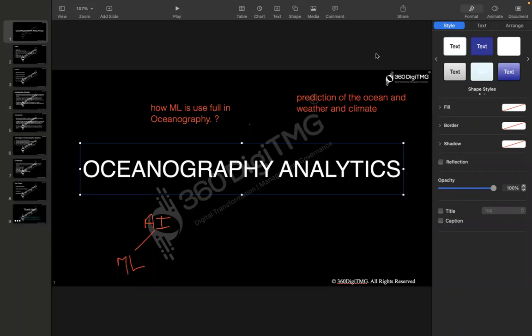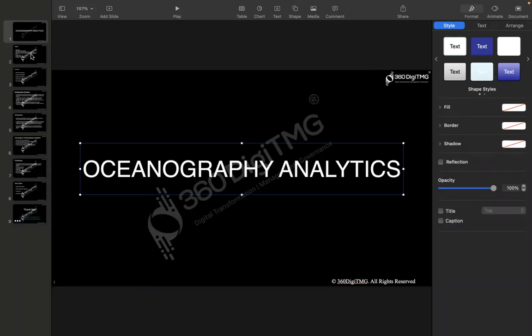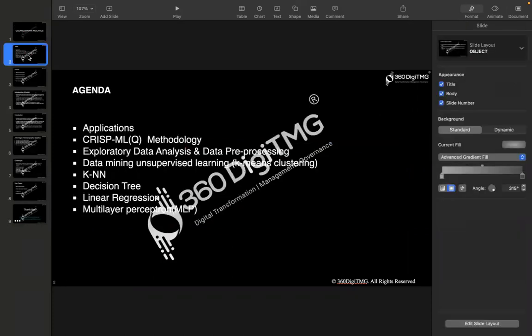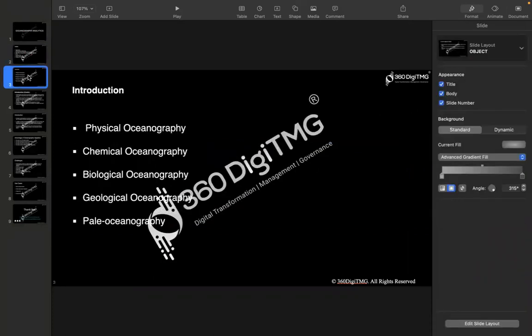So as we move on to the next, here we have 5 types of oceanography.